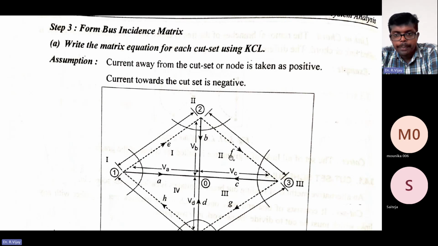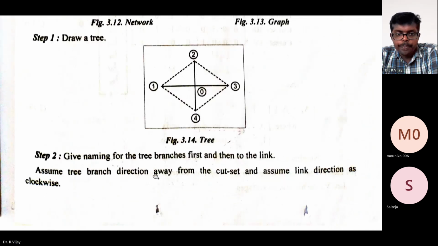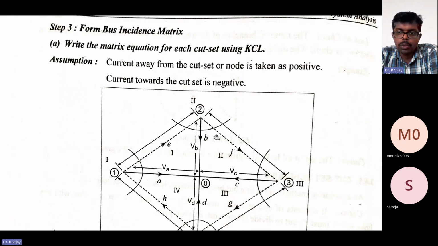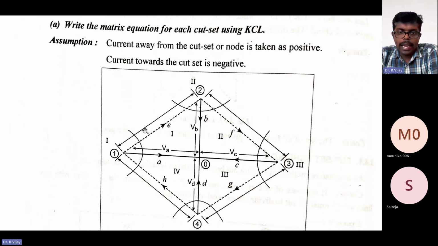Like this arrow mark, you need to give the link direction outside. And the tree branch direction: assume the tree branch away from the cut set. Say for example, you take four nodes, 1, 2, 3, and 4. This is cut set 1, cut set 2, cut set 3, and cut set 4.